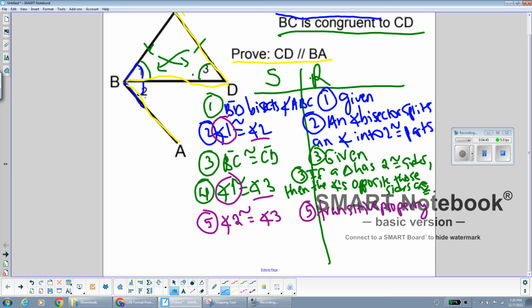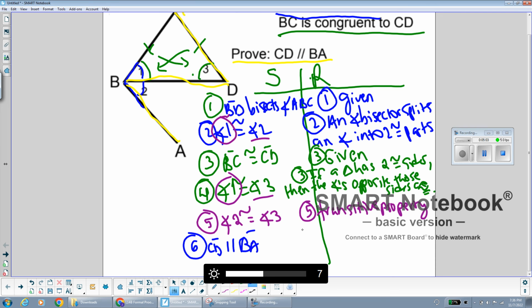And now that we know that angle 2 is congruent to angle 3, we know that they're alternate interior angles that are congruent. So that makes the lines parallel. So we're going to end our proof with what we're trying to prove because we now have enough information to prove it. CD is parallel to BA, and I'm going to put the reason down that we just said.